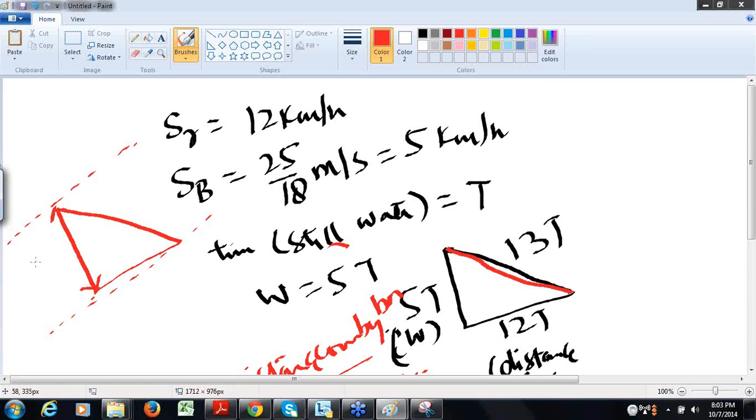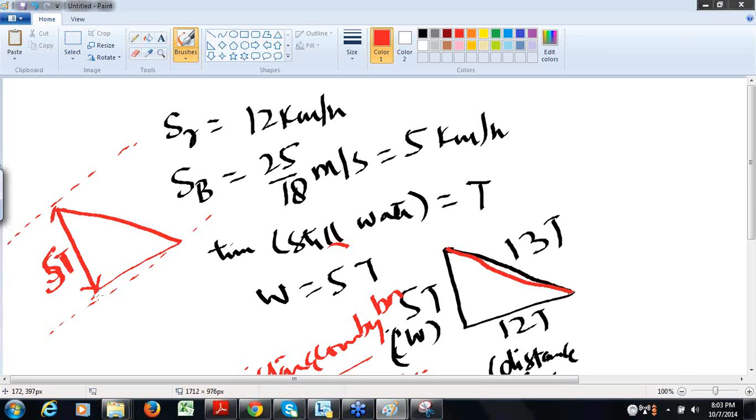So the width of the river will be what? The speed of the boy into the time taken by him to row if there is no current. Let the time taken by him to row in still water be t. So the width of the river will be 5t.